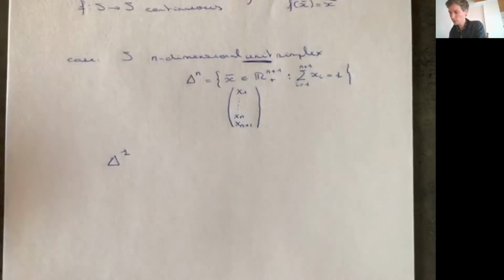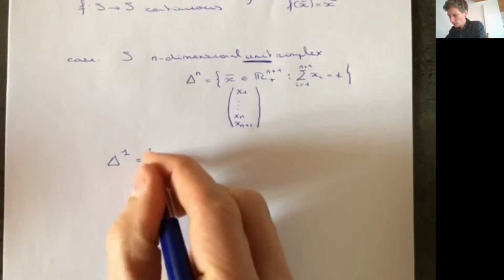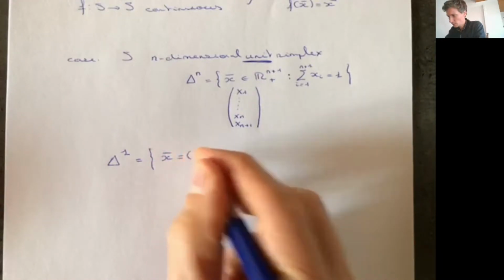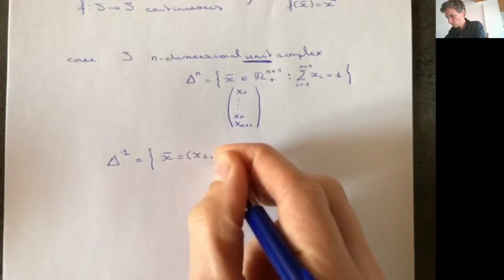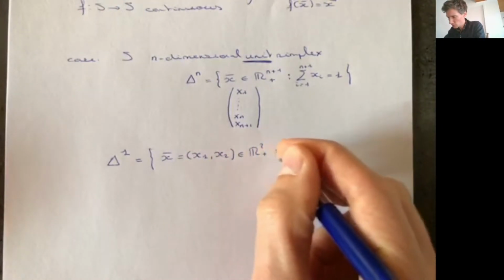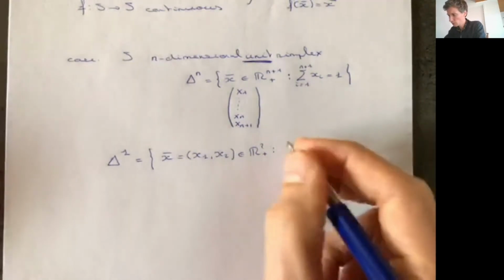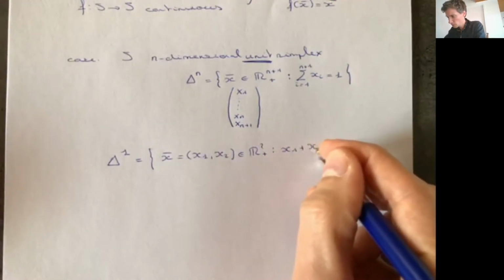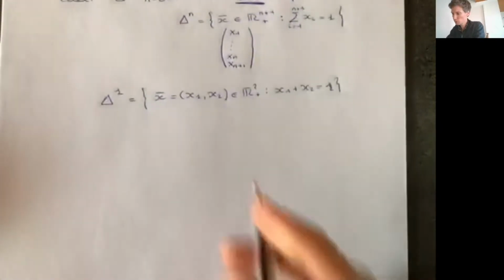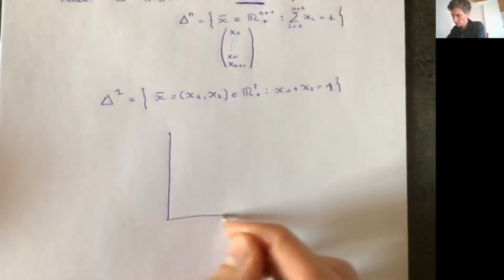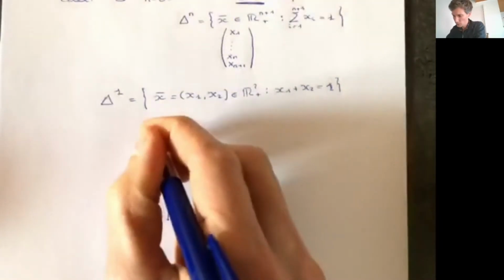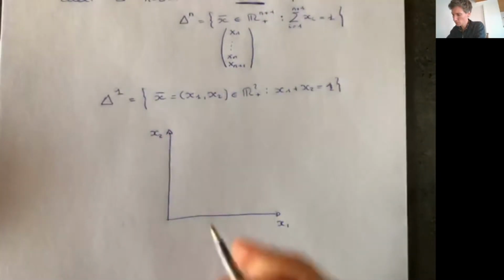So let's first have a look at delta 1 as a special case. These are the vectors x in R^2_+, so there's a component x1 and a component x2. What do we know about these vectors? If we add up x1 plus x2, we get the number 1. If we draw this in two dimensions, here we can plot x1, here we can plot the second component.